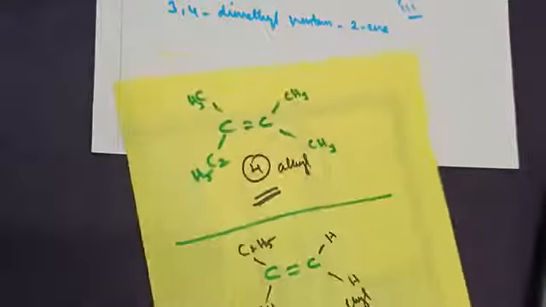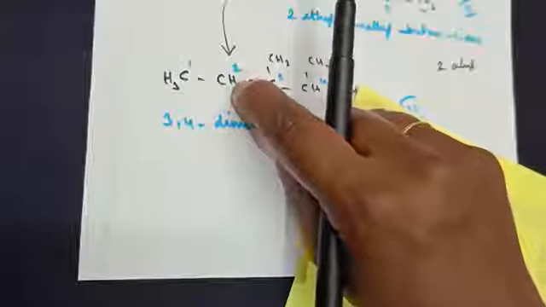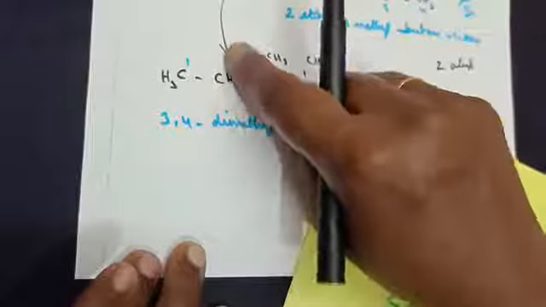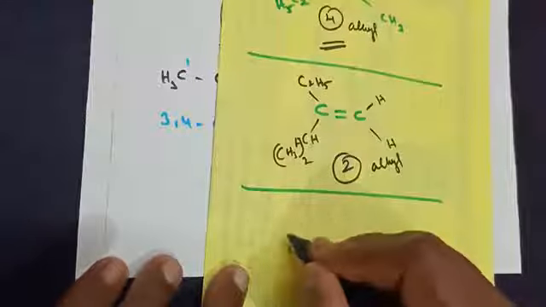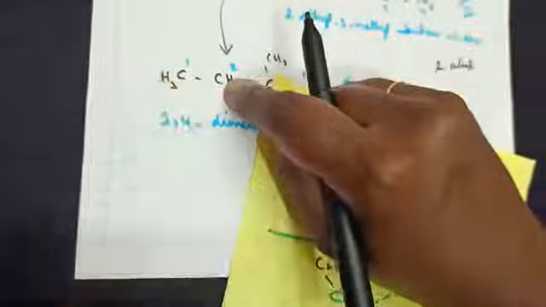That's the third one. So you've got carbon double bond carbon. One carbon is attached with a hydrogen on one side and CH3 on the other side.